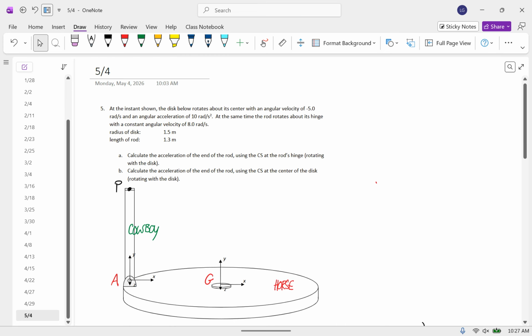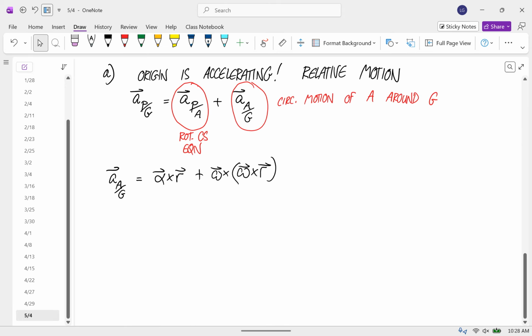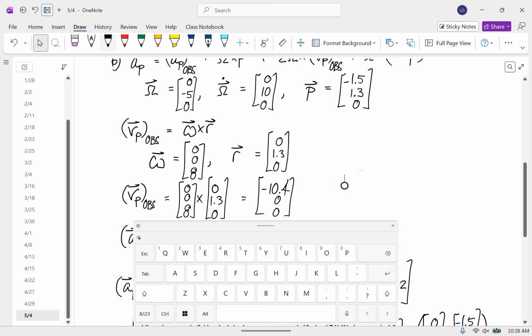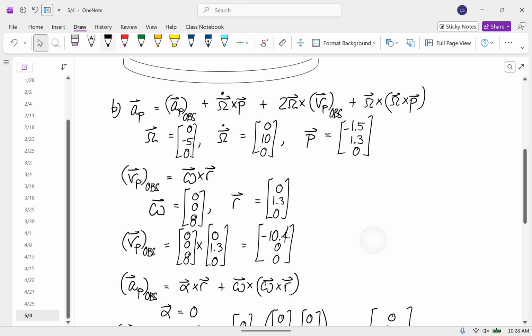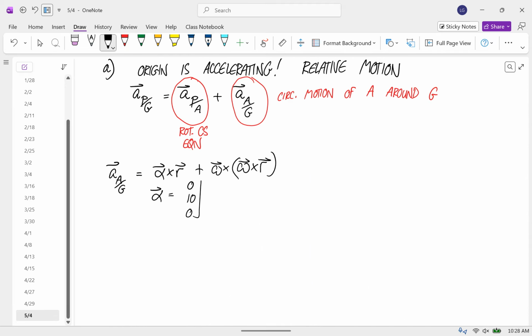So for the circular motion, this disk is the same as what my coordinate system was for the last part of the problem. So we have 0, -5, 0, and 0, 10, 0. Which one is which, though? Okay, 0, 10, 0, 0, -5, 0.